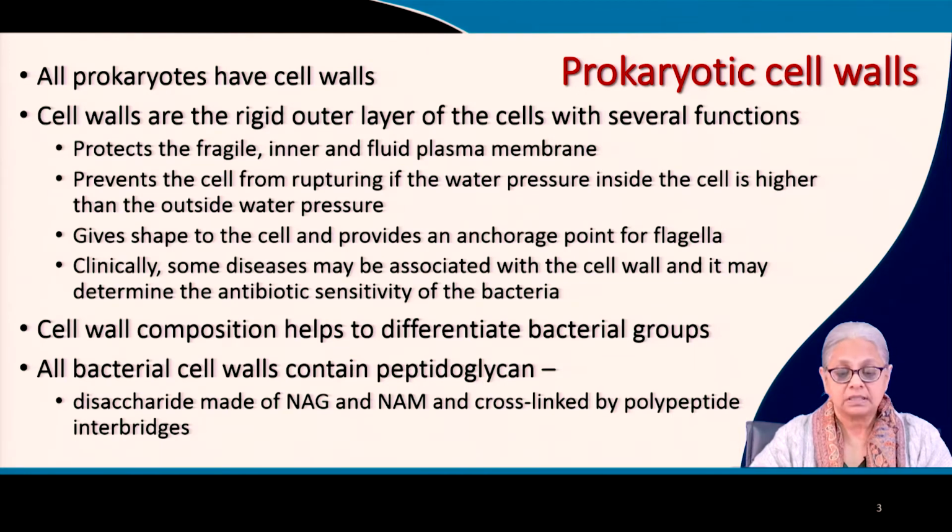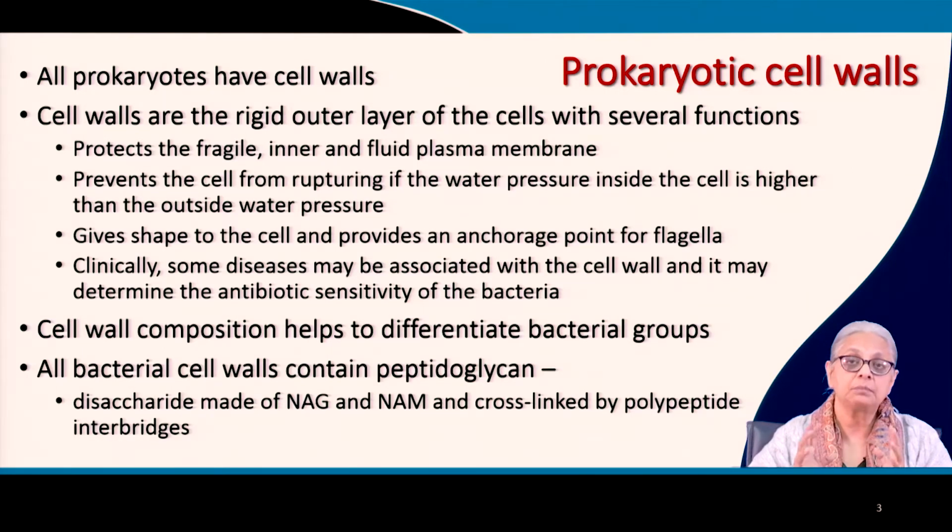So these cell walls, like I said, are rigid outer layers of the cell, and they have several functions to perform. You have already seen in the previous topic that the plasma membrane, which is basically the site which determines how nutrients go in and out of the solution, how waste is excreted, is a very fragile inner membrane, and it's highly fluid, and it's not bonded at all, so it's very easy to disturb.